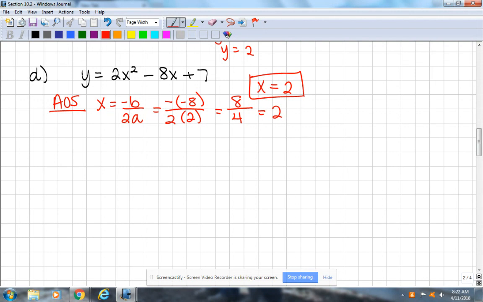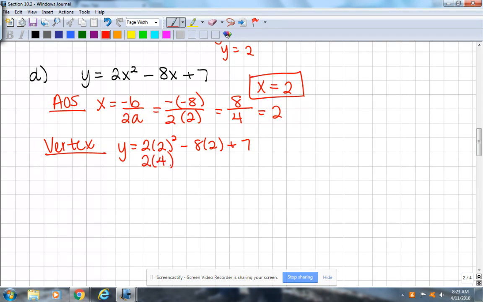All right, then what do we find? Vertex. How do we get the vertex? Right, we plug 2 in for all of our x's in the quadratic. So y equals 2 times 2 squared minus 8 times 2 plus 7. Make sure you do your exponent first. So what is 2 squared? 4, okay.